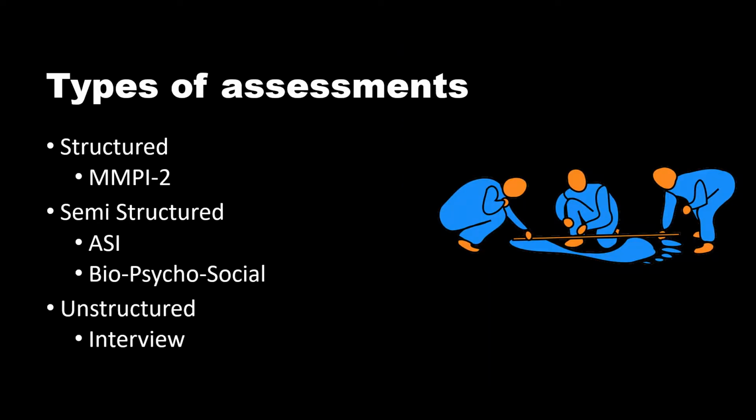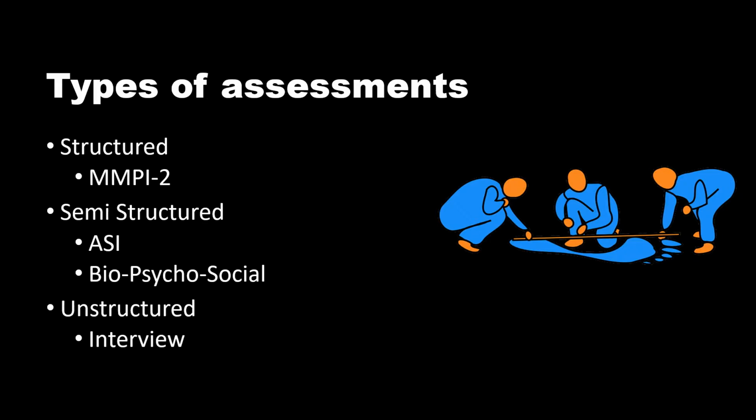There are three primary types of assessments. One is a structured assessment, such as the MMPI-2, the Minnesota Multiphasic Inventory, second version, which is a lengthy questionnaire, over 550 questions, which can then be machine scored in order to determine certain patterns.